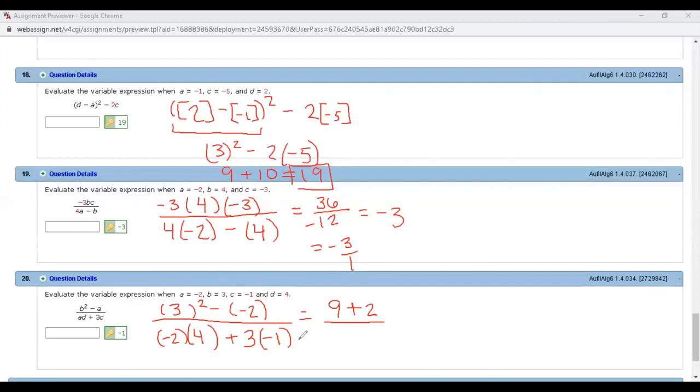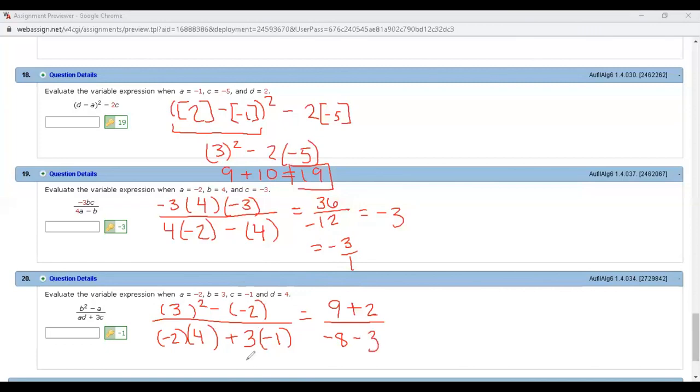Okay, so let's look at our denominator. We got -2 times 4, which is -8. So for this one, we're going to write all our steps. Then we got plus 3 times -1. So that will be -3, so we can just write -3.